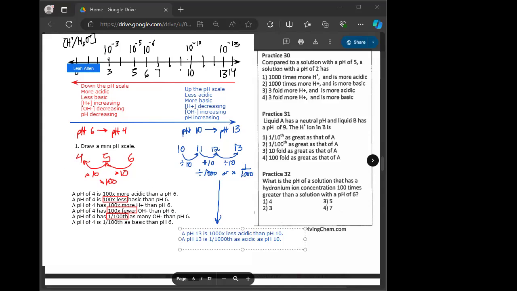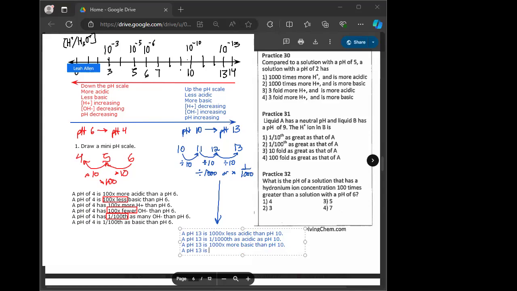Because again, when it's saying less or fewer, that's when you can use the 1 over, like 100 or 1,000 or even 10,000. Just depends on how many times we move down the scale. A pH of 13 is 1,000 times more basic than a pH of 10.